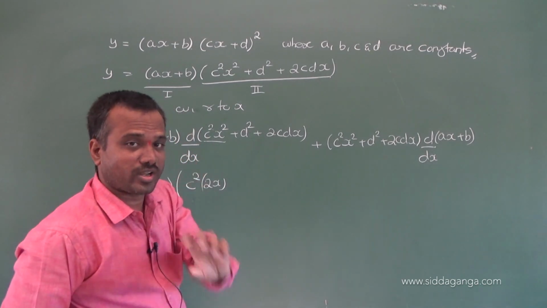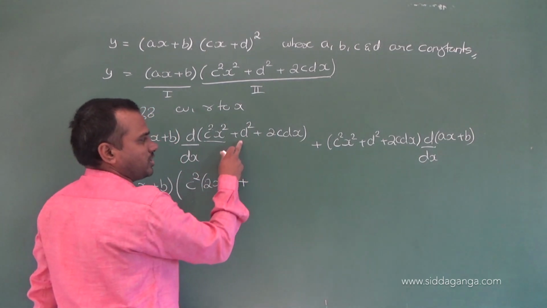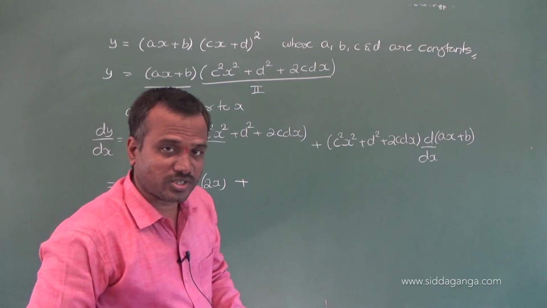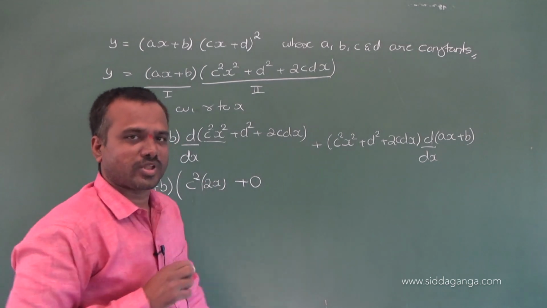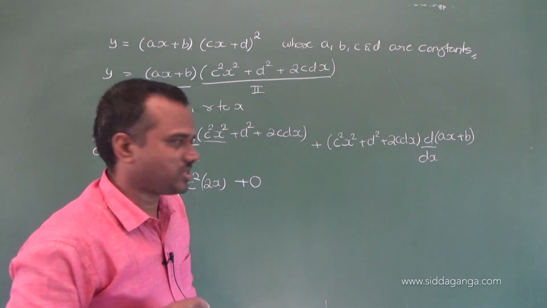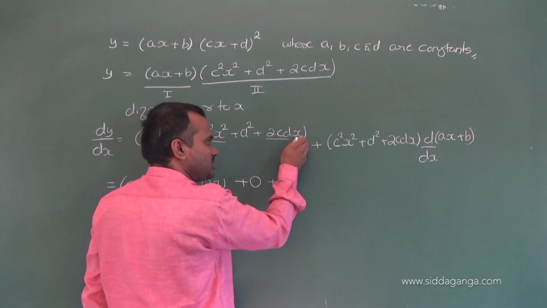Derivative of x square, n into x to the power n minus 1, that is 2x. Plus d square is a constant, so the derivative of constant is 0. Observe here, these two terms are constants and this is a function.